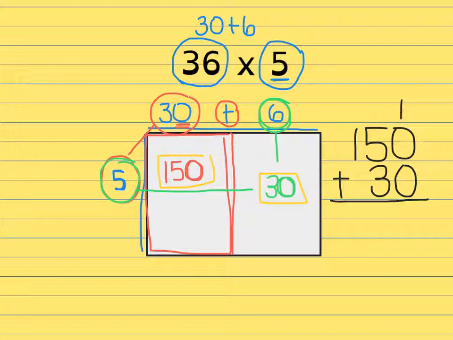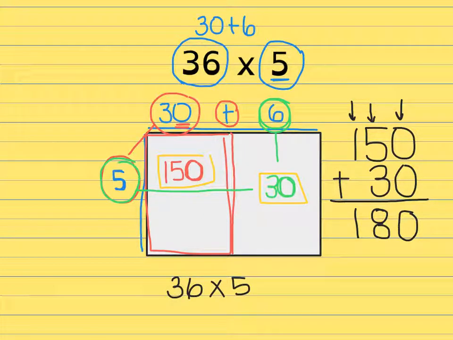Starting in the ones place, 0 plus 0 is 0. Moving to the tens, 5 plus 3 is 8. And then to the hundreds, 1 plus nothing is 1. 36 times 5 equals 180.